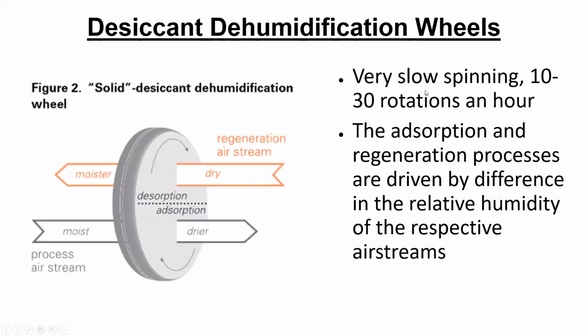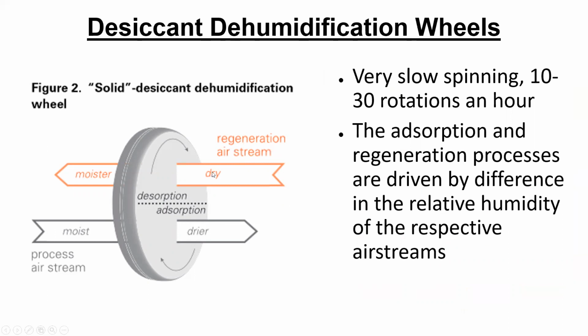The way they work is that the solid desiccant dehumidification wheel slowly spins, 10 to 30 rotations every hour, so very slowly rotating. The absorption and regeneration processes are driven by the difference in the relative humidity of the respective air streams.